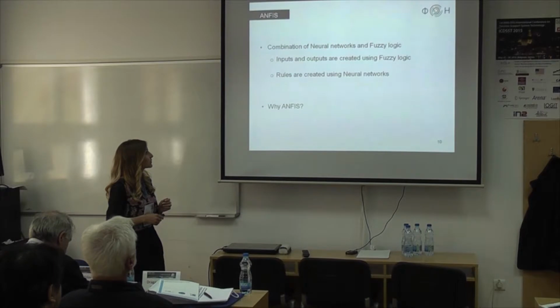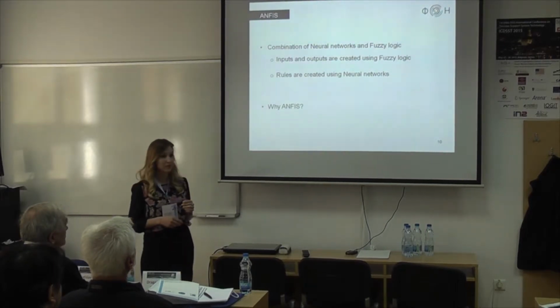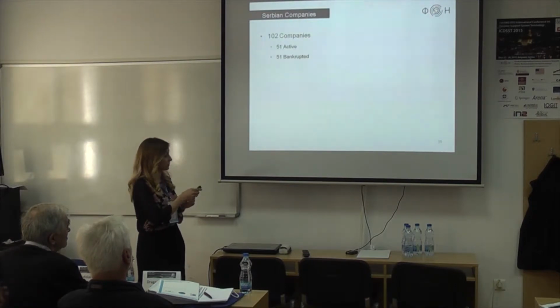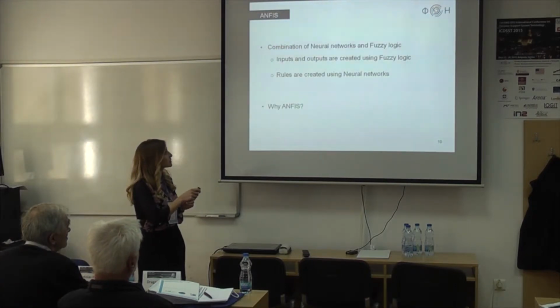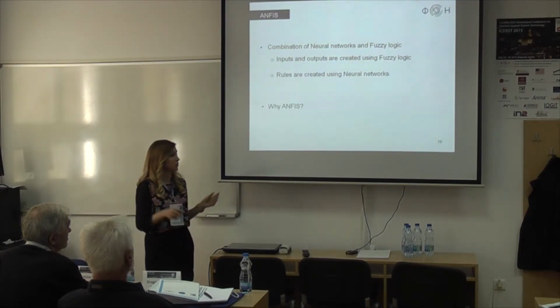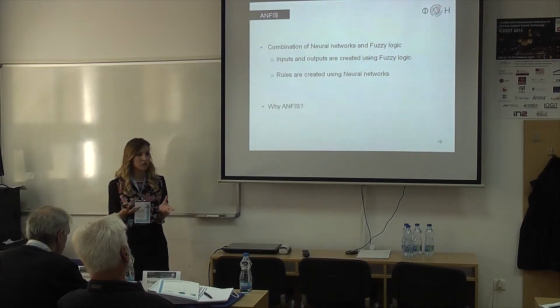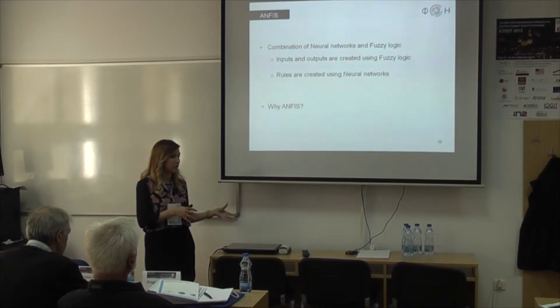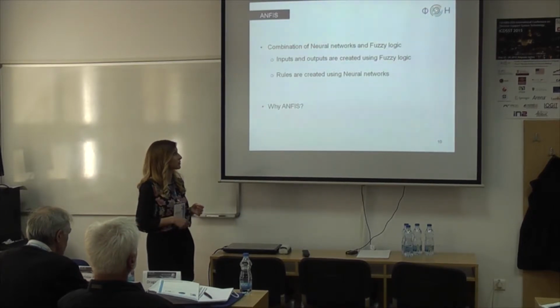After that, we used ANFIS, and by using ANFIS, we created inputs and outputs using fuzzy logic, and fuzzy rules we created using neural networks. So ANFIS allows you to combine the best characteristics and features from neural networks and from fuzzy logic.